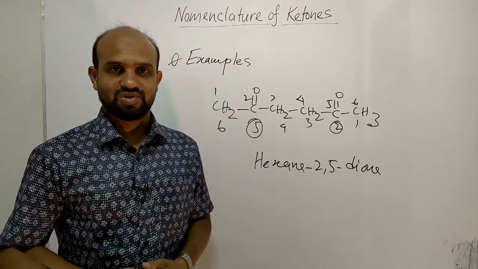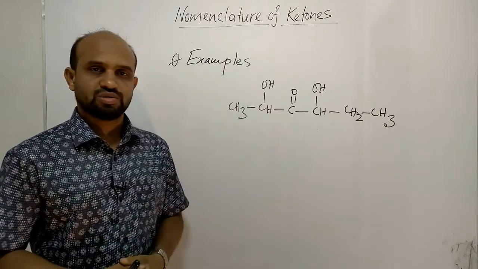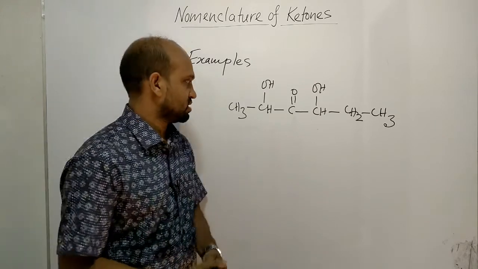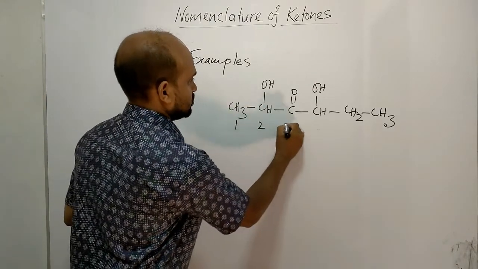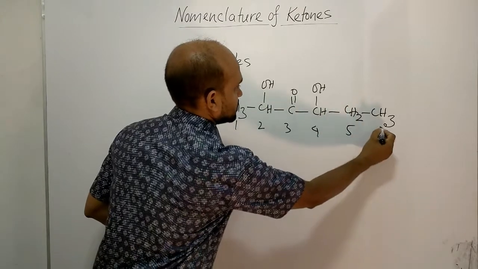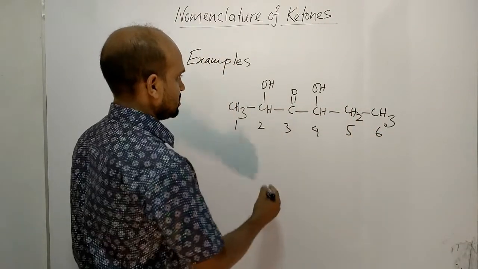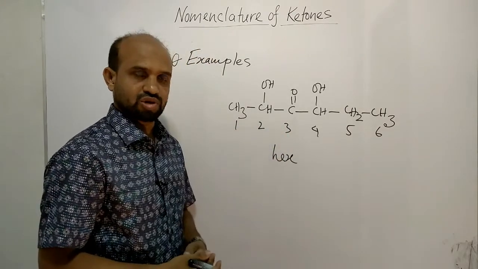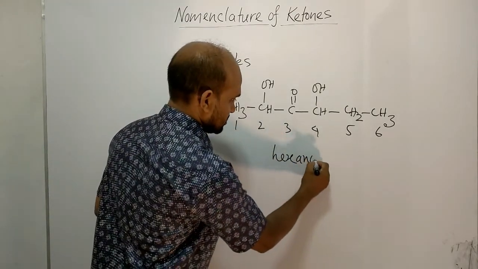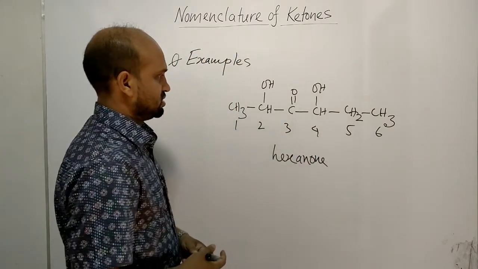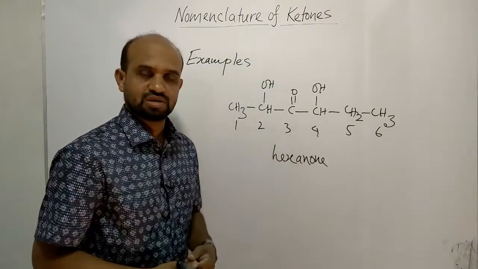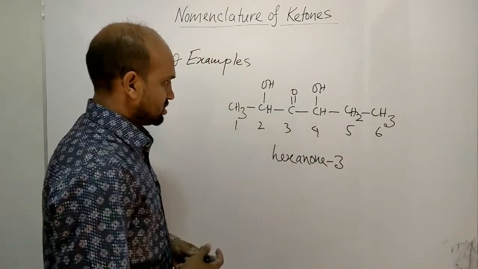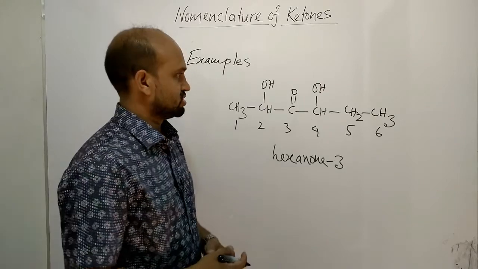Let's see another example. To name this compound, carbon atoms are numbered from the left, 1, 2, 3, 4, 5, 6. So here hex is the word root, anone as suffix, carbon 3 is the carbonyl carbon, so hexanone 3. Let's see what about substituents.